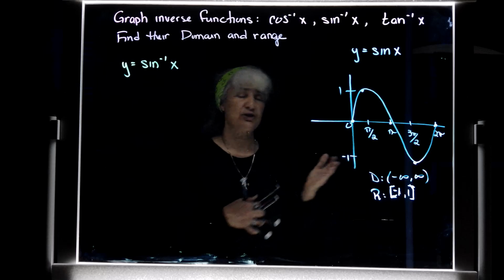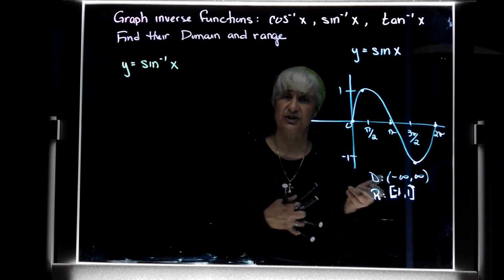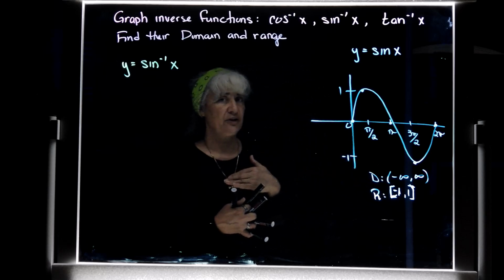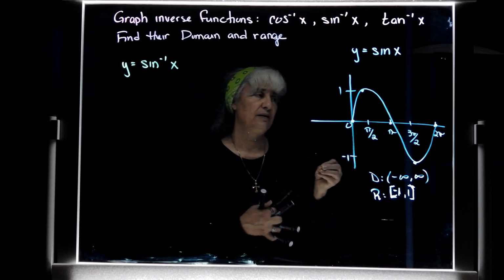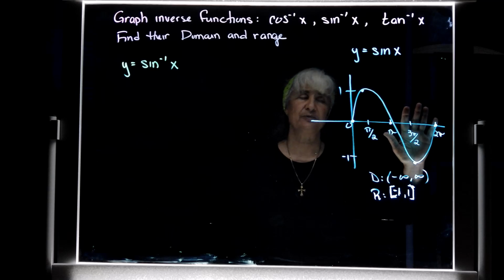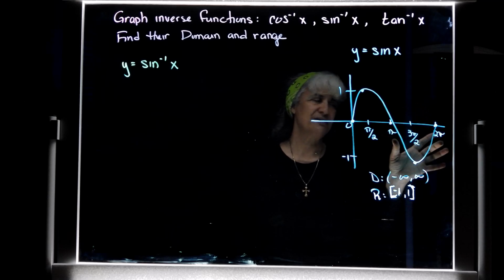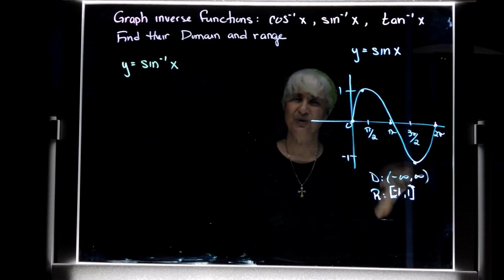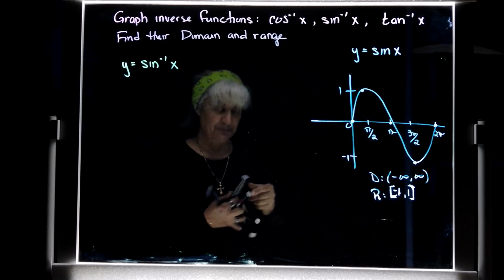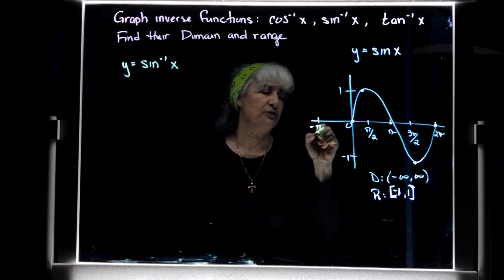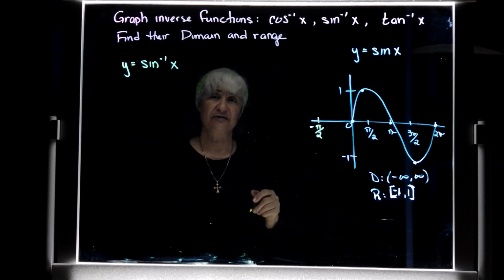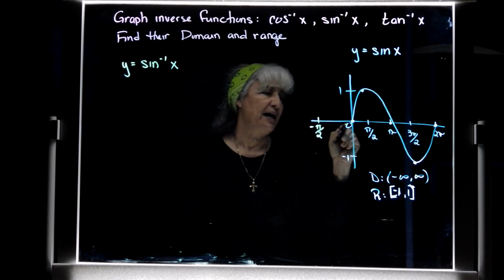So for me to actually get it to be a one-to-one function, like we did with cosine, I have to limit its domain. But if I limit the domain from 0 to pi, it's not one-to-one. And if I go from pi to 2 pi, it's not one-to-one. So I literally have to back this up into the fourth quadrant at negative pi over 2.